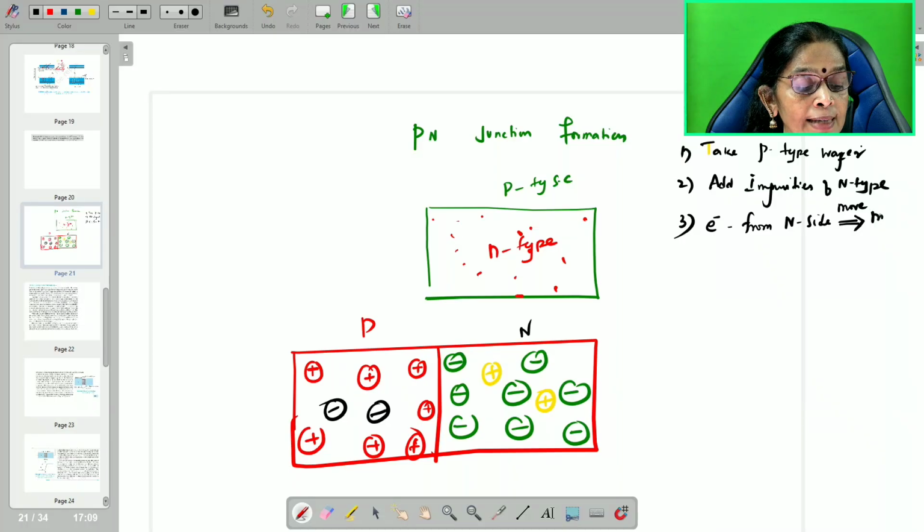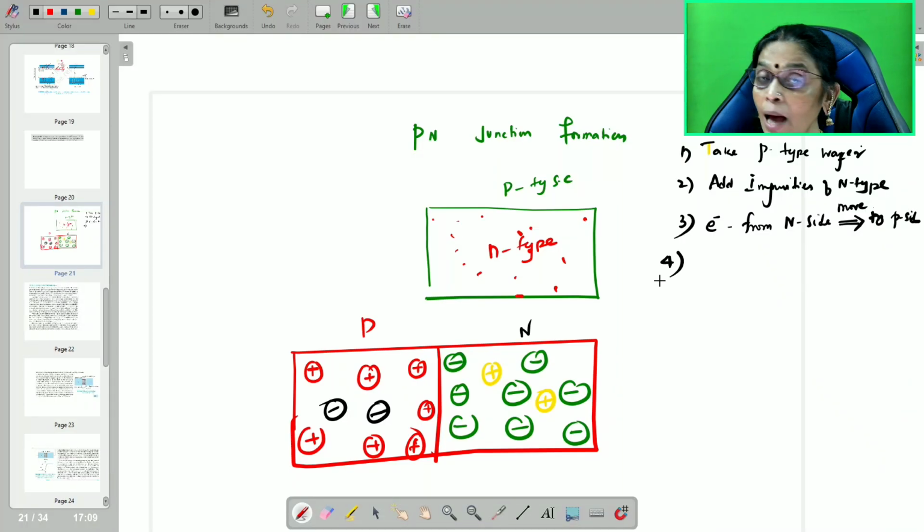Electrons from the n side move to the p side. Then what will happen? When the electrons move over there, what will be created here? Yes, a vacancy is created here. This electron goes and sits over here, so a vacancy is created over here.